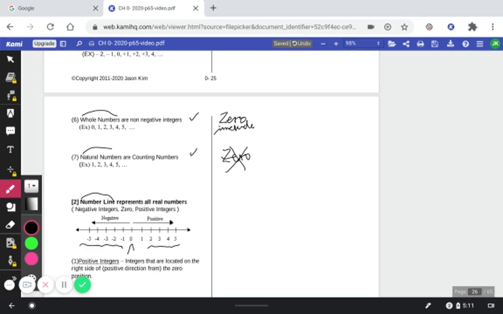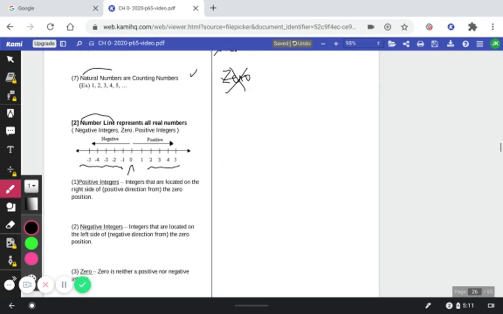Positive integers are integers that are located on the right side, or positive direction, from the 0 position. And negative integers are the integers that are located on the left side from the 0 position. The 0 is neither positive nor negative.